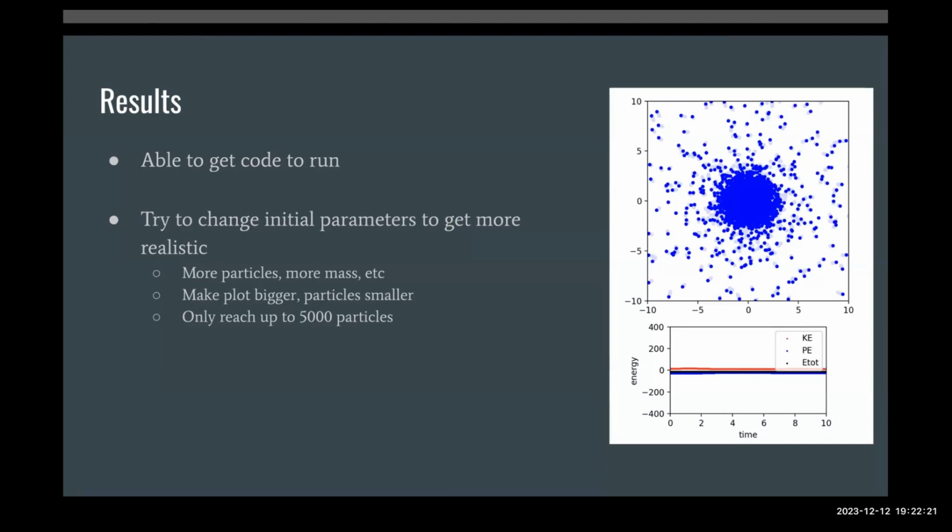One way we tried to combat this was making the position graph for all the particles a bit bigger, so each particle has a bit more space to move. But that did not work too well. Nevertheless, this simulation got us familiarized with n-body simulations, and from there we went into Gadget 4.